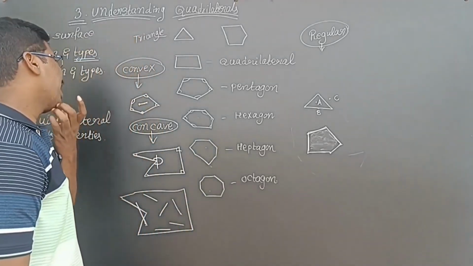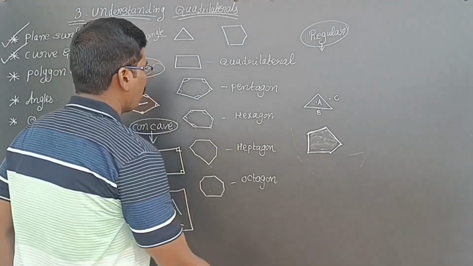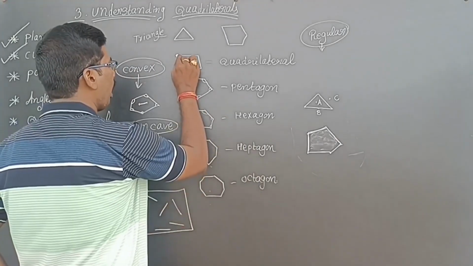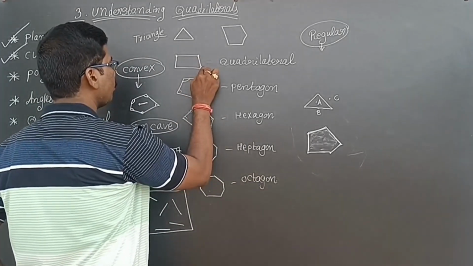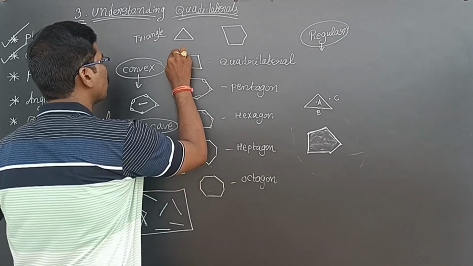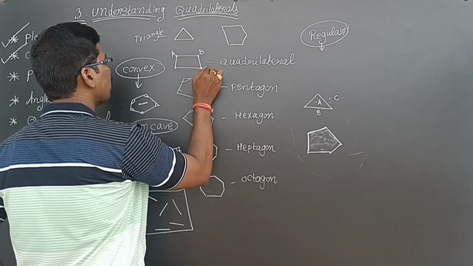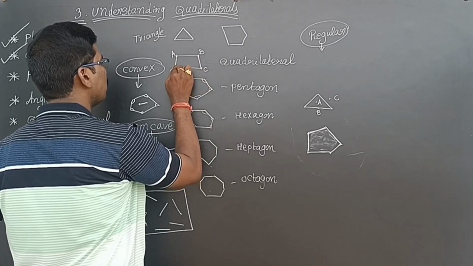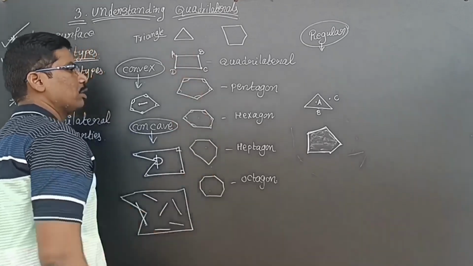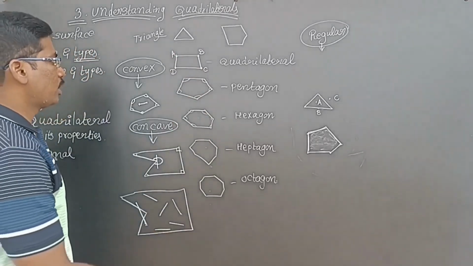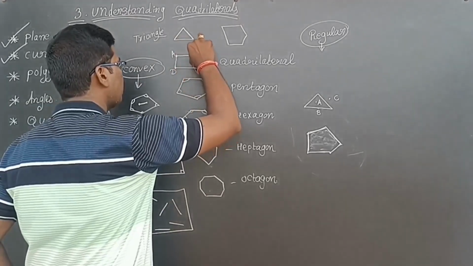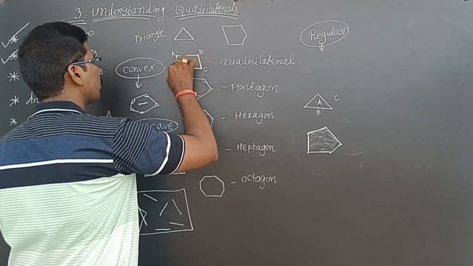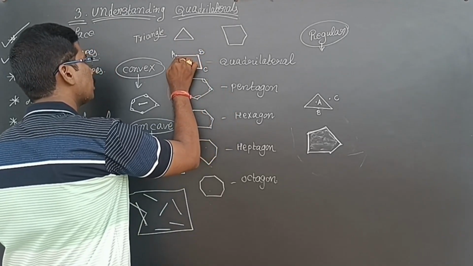Let us see. Now see here, I am drawing a polygon. While drawing a polygon, I am getting vertices. For example, in a quadrilateral, two line segments or two sides meeting at one point are called vertices. See here, I am getting 4 vertices, 4 sides, 4 angles.